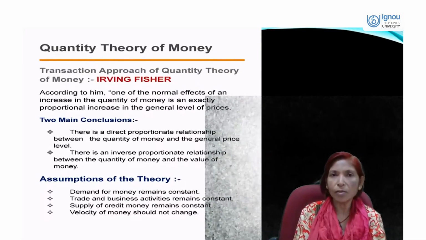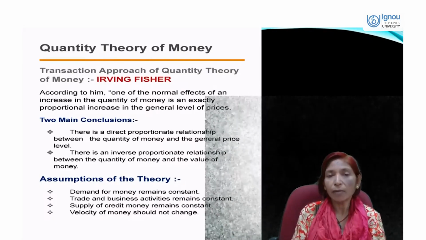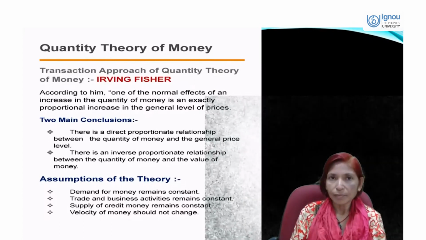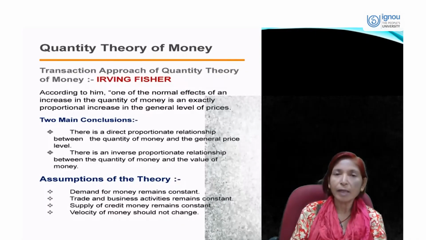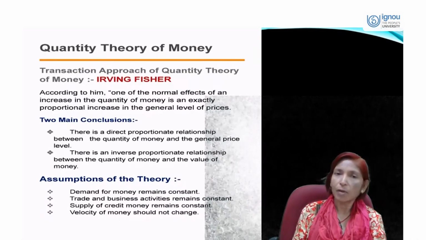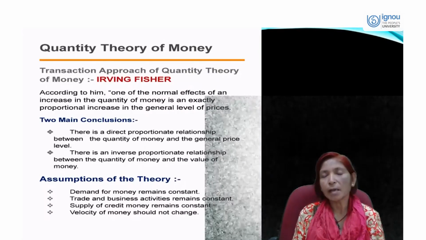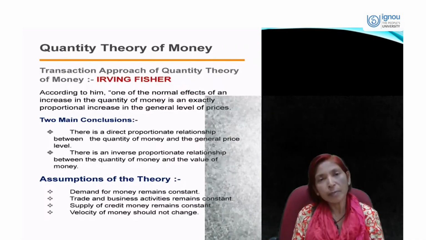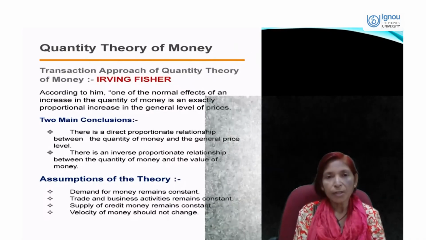Whenever price rises, whatever amount of money you are holding, the value of that money goes down. Purchasing power goes down. When price level rises, value of money falls. When price level falls, value of money or purchasing power rises. So there is an inverse relationship between price level and value of money.